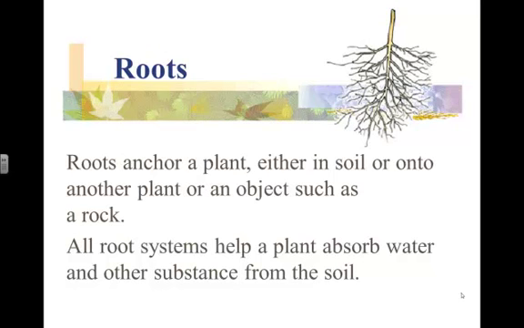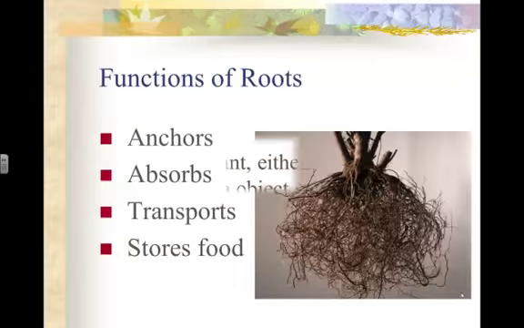And the root system's job is not only to anchor, but it's also to absorb water, because usually the plants cannot absorb water through their stems and leaves, even though they might be rained on. So it is the primary job of the roots to absorb the water that is needed for the plants.